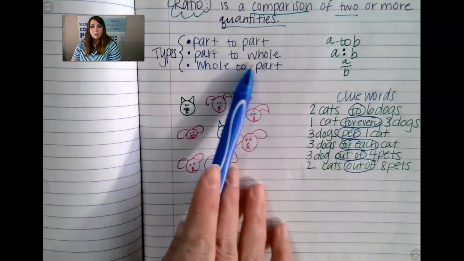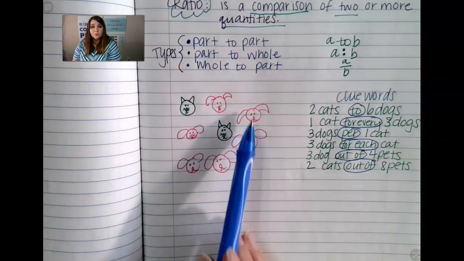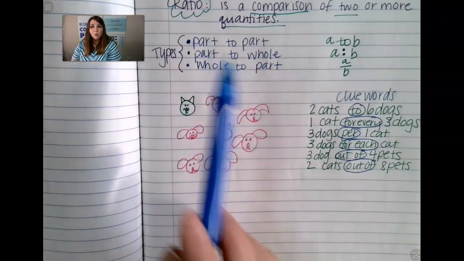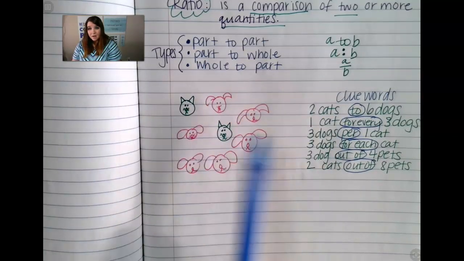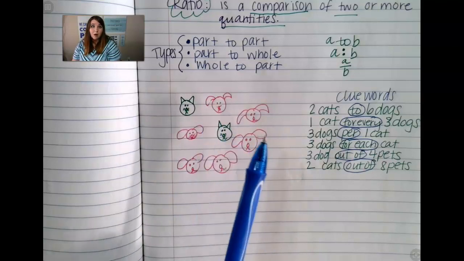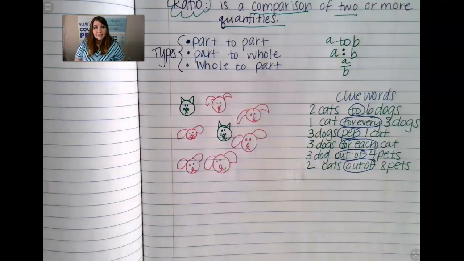Sorry, part to whole, so 2 cats for 8 animals. And then a whole to a part would be 8 animals to 6 dogs. So that is the breakdown for clue words and what ratios can look like.